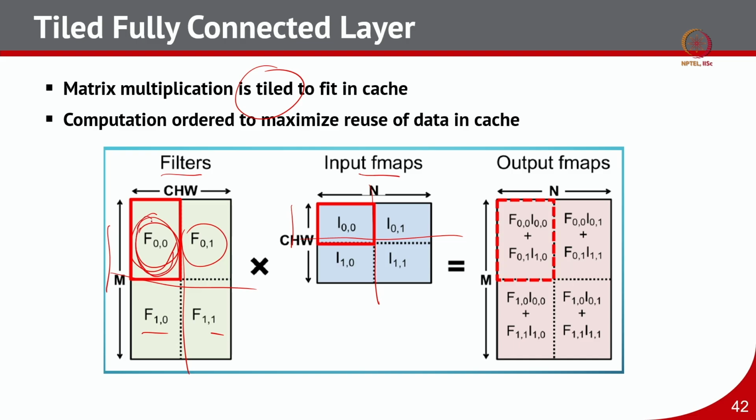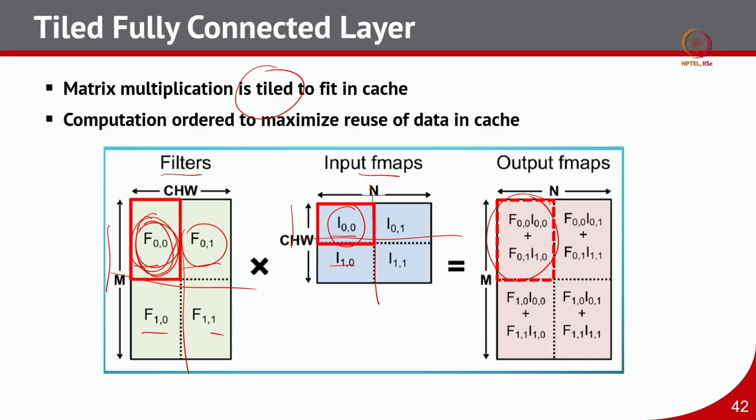F00 will get multiplied with I00, and to get the first tile of the output feature map, we have to do F00 I00 plus F01 I10. Now here we need to maximize the reuse of the data in cache.